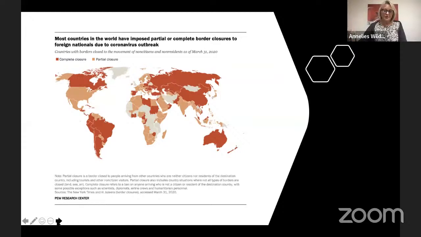Just to give you a little bit of background, this map shows how many countries have resorted to travel bans and travel restrictions in the past 2 years. I think the most famous total closures were from Australia and New Zealand.